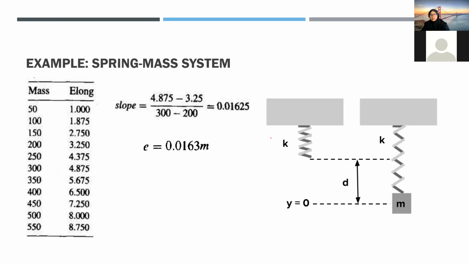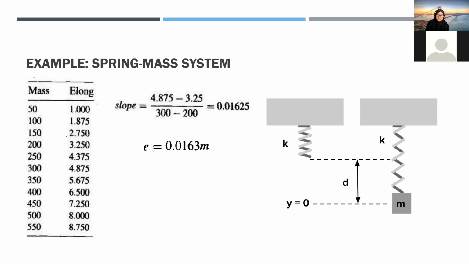Okay, let's see a simple example. Spring mass system. We want to see what's the relationship between the elongation of a spring, something we stretch, and the mass, the weight. So we do some experiment and take the data and then plot the graph.